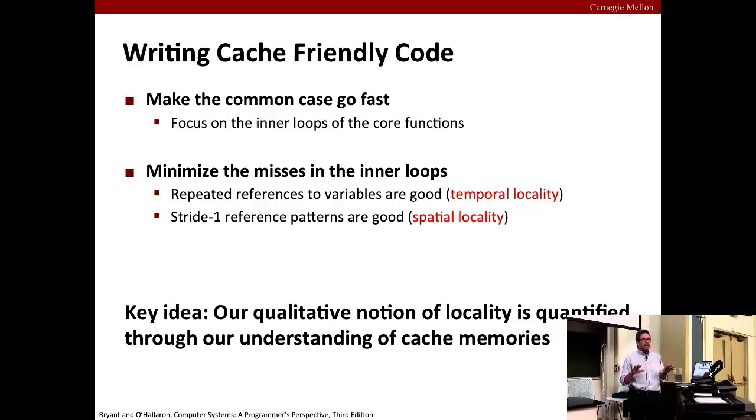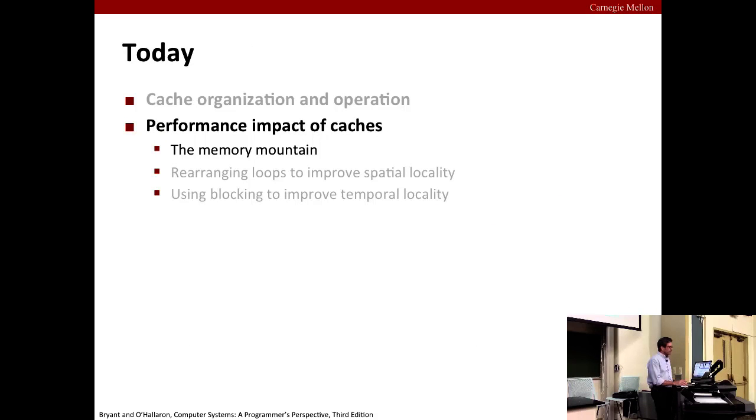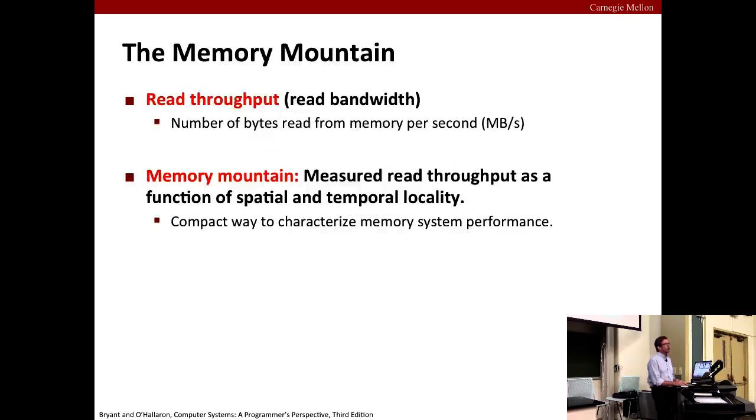But if we understand caches, now we can quantify it in terms of miss rate. All right, so let's finish up. The rest of the class, we're going to look at the performance impact of caches on your code, why you need to know about these things, and the impact that they can have.